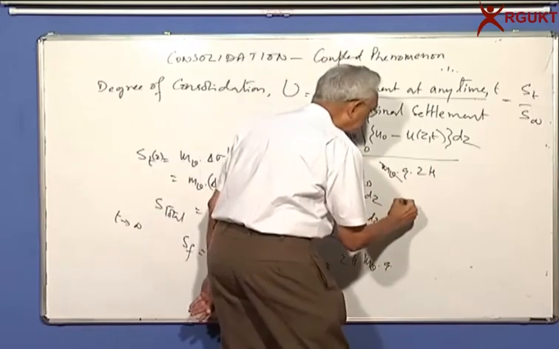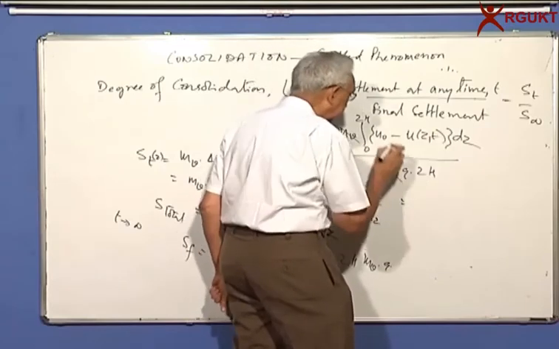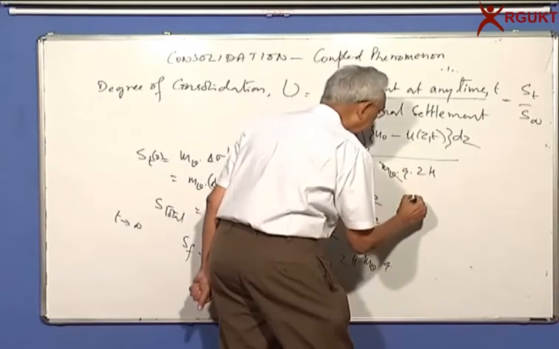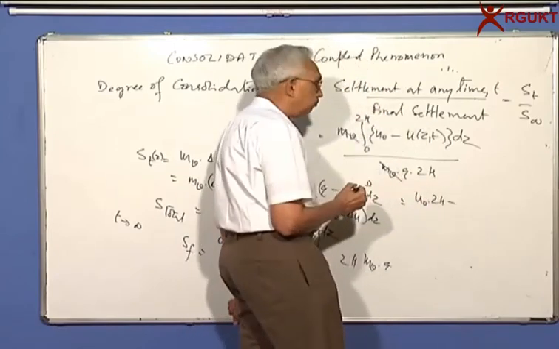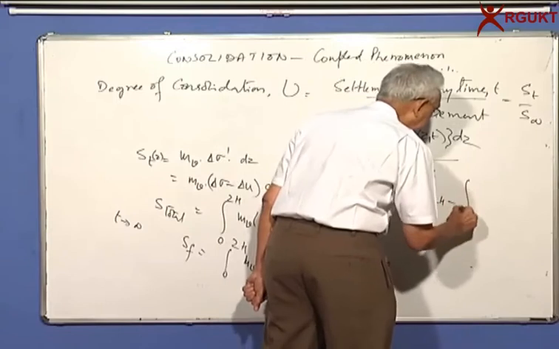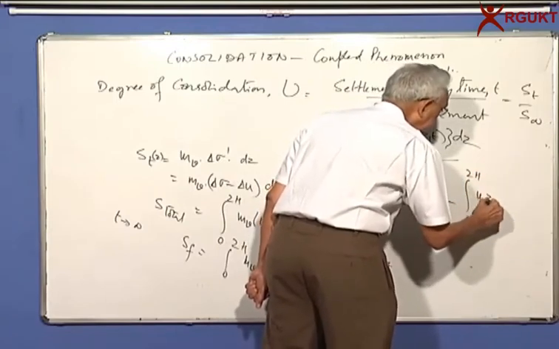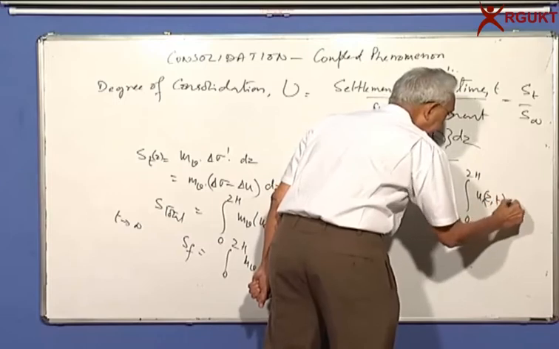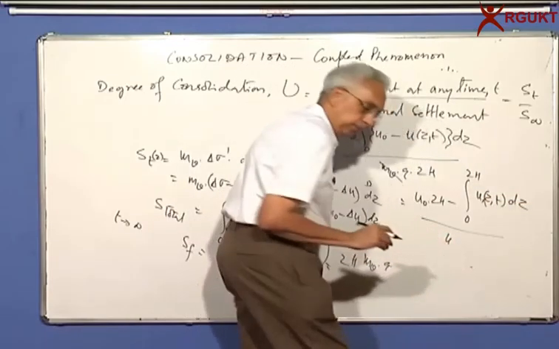Let us also simplify here. I can integrate here, which again gives me 2h. The first term will give me u naught into 2h minus integral 0 to 2h of u z t dz divided by this q.